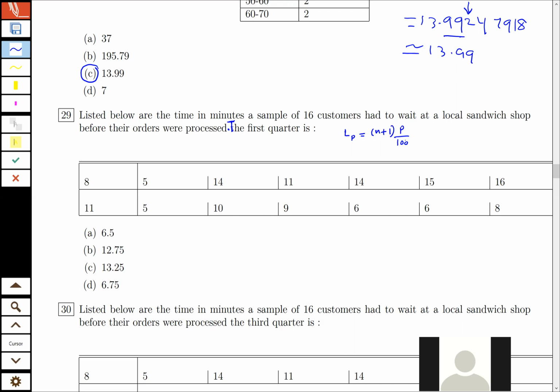So what I have here, the smallest number is 5. So 5 appears how many times?